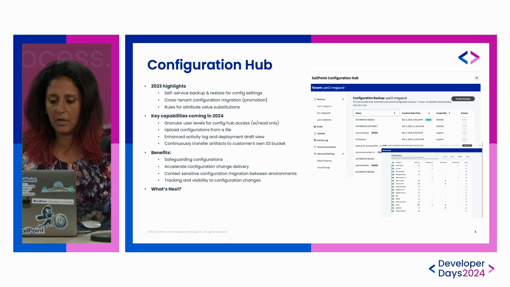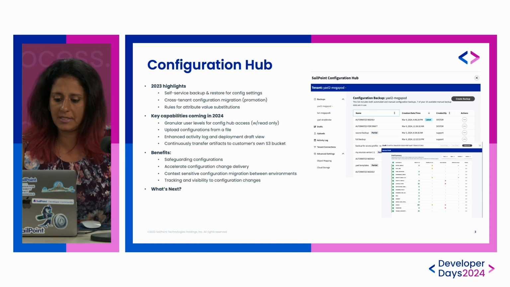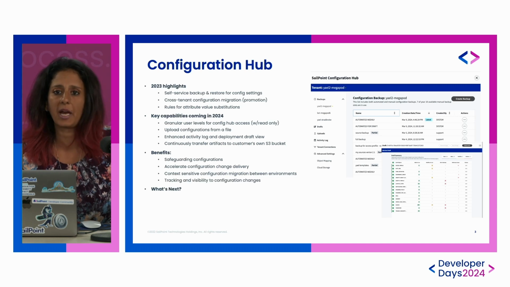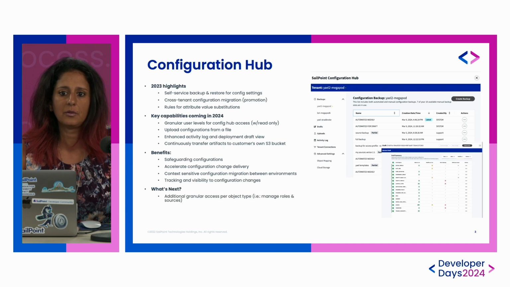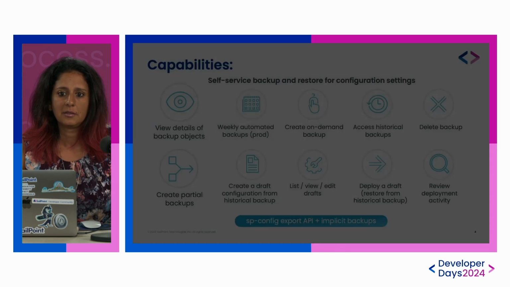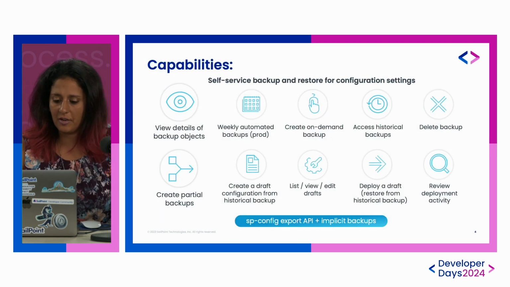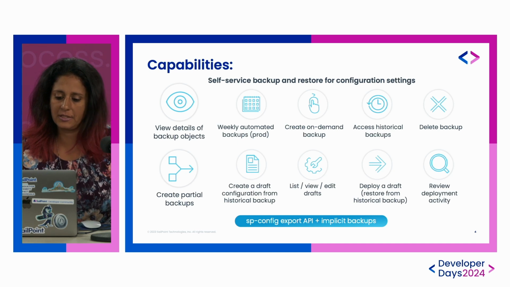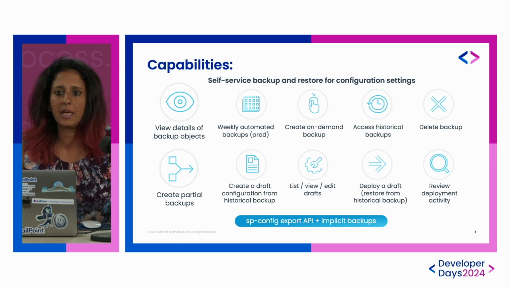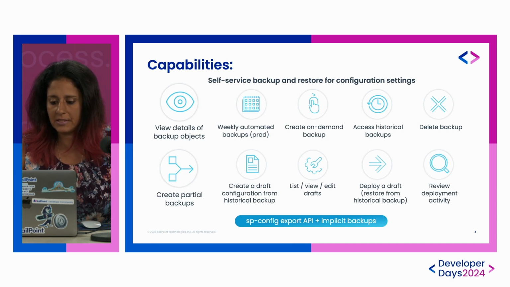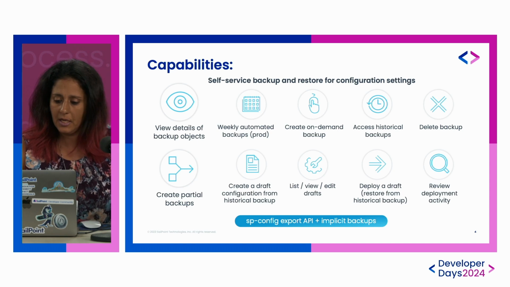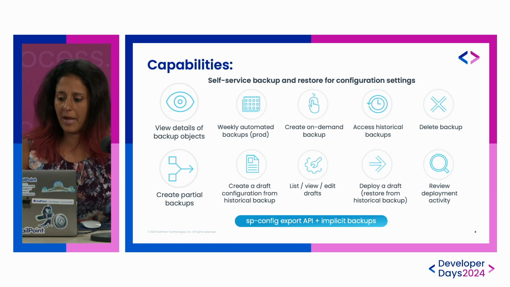Just briefly talk about the capabilities that we have. So SailPoint provides weekly backups for all the production tenants. Every customer can create its own on-demand backups and access historical backups.